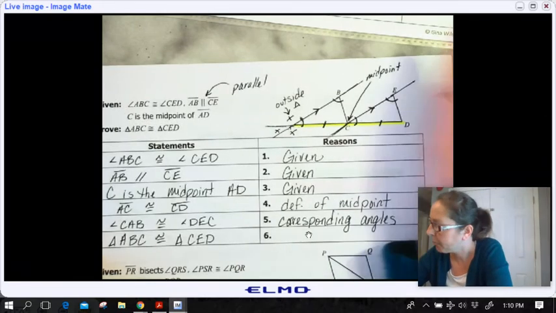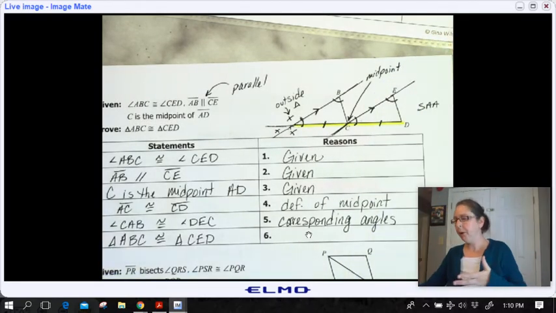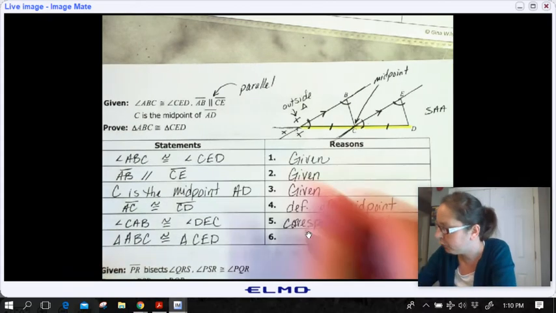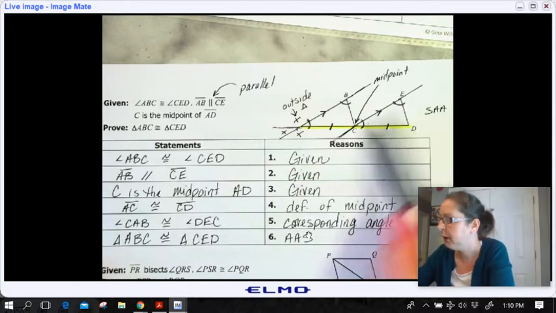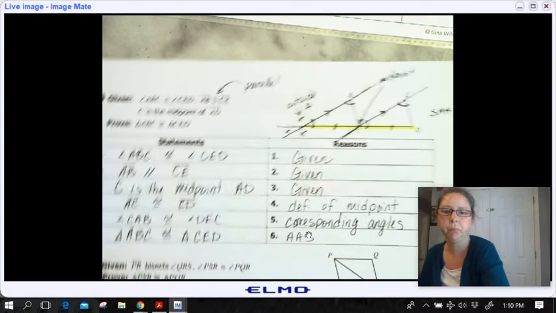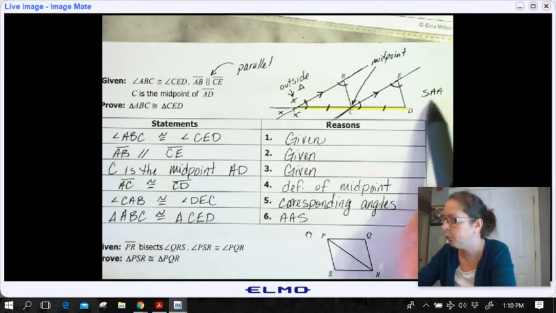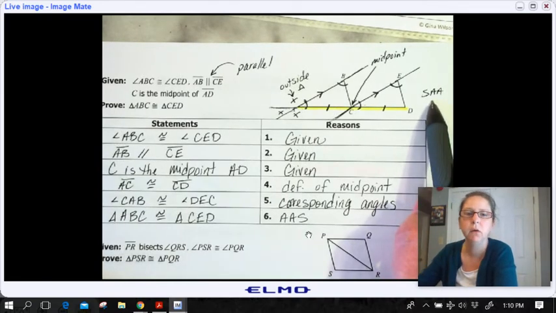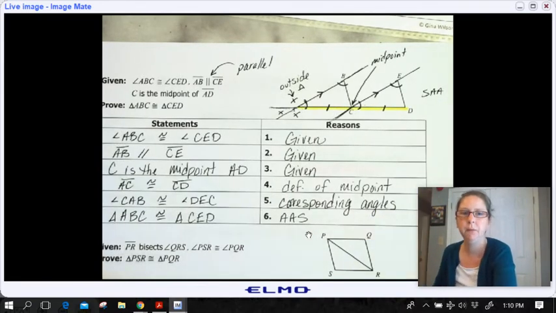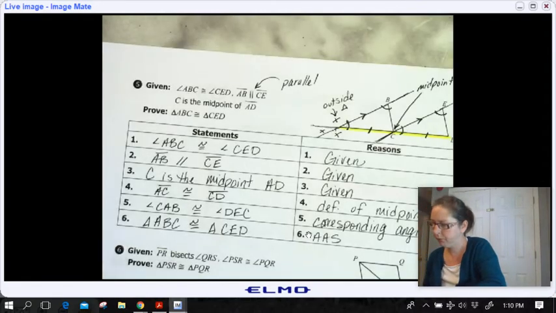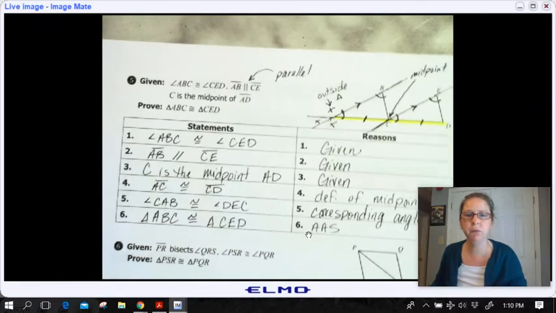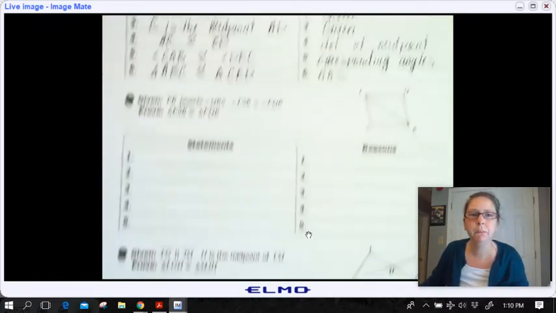So side, angle, angle might be how you see it, but remember that the proper way to say the theorem is actually angle, angle, side. Angle, angle, side. Okay? So be careful that you don't write it as this. Angle, angle, side. All right. Two more examples and then we're done with today's lesson. Okay.